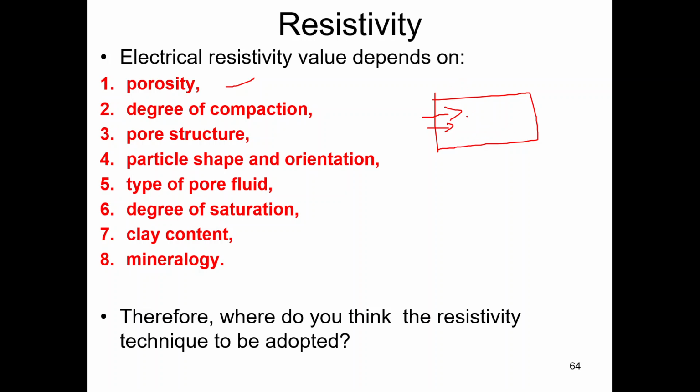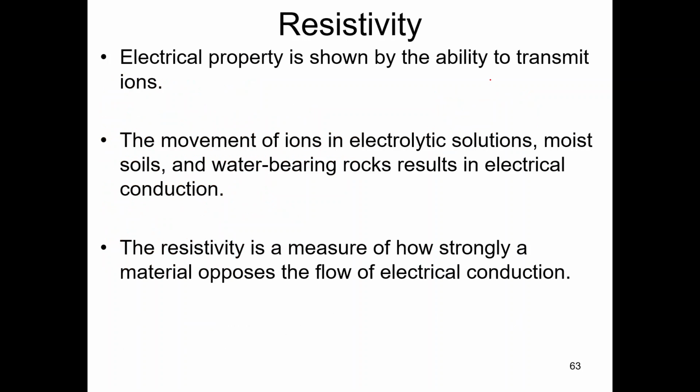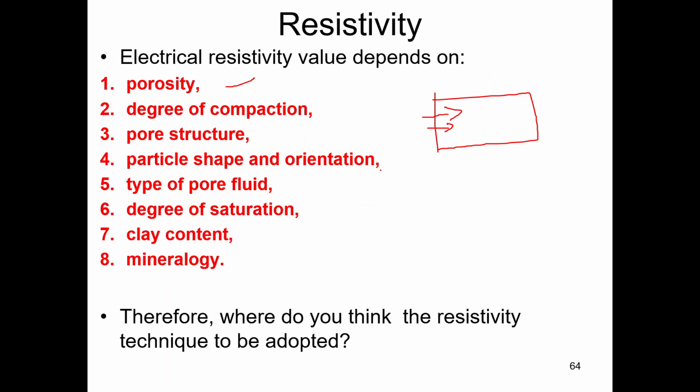So the flow of the current is based on the ability to transmit ions. An ion is normally in the electrolyte, so in solution, or in conductive material or water-bearing rocks. So water is very important here.